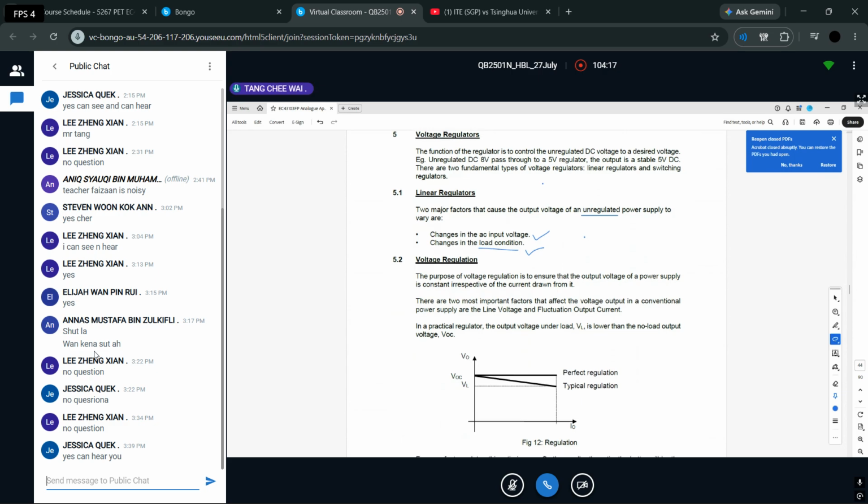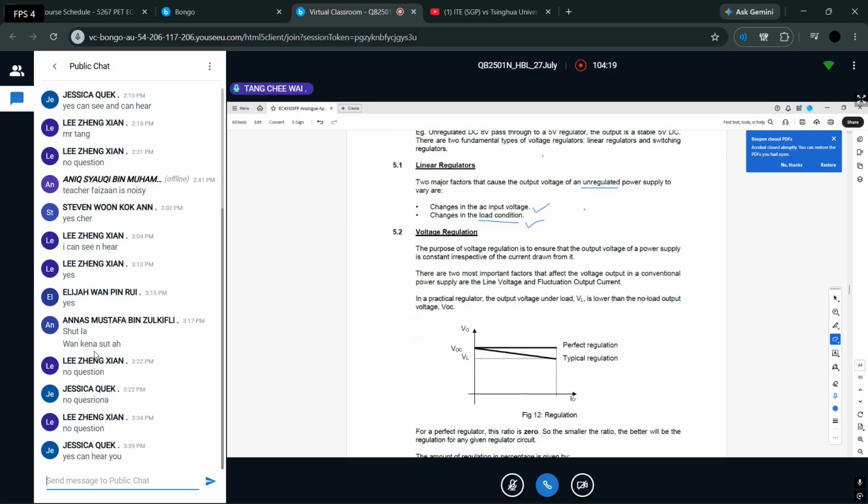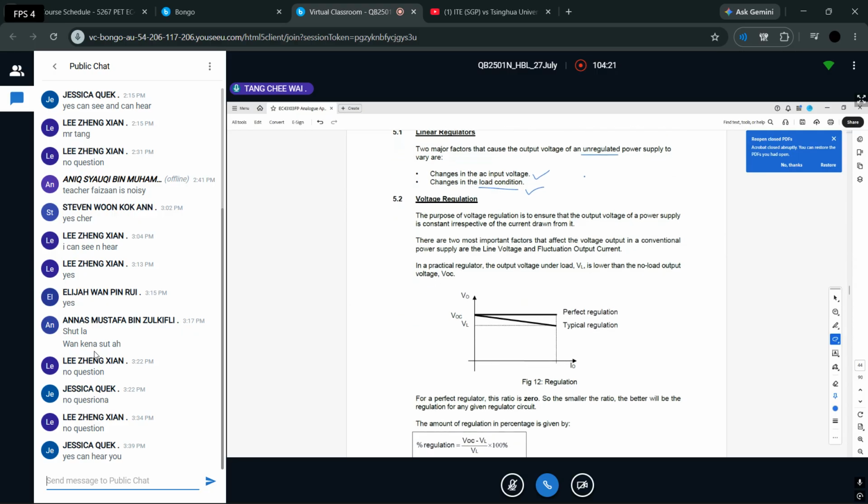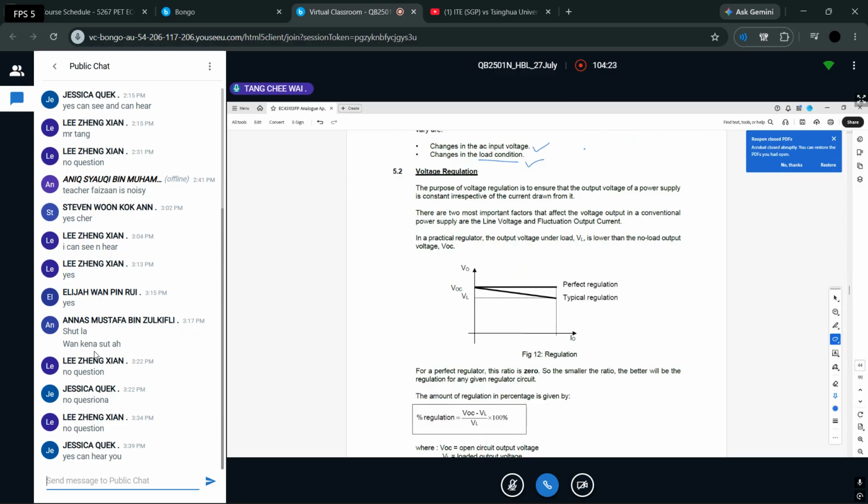The next one is voltage regulation. First of all, to repeat again, voltage regulation makes sure your output voltage is constant, even if your current goes up and down. It doesn't affect it. Your voltage must be constant. That's what they tell you.